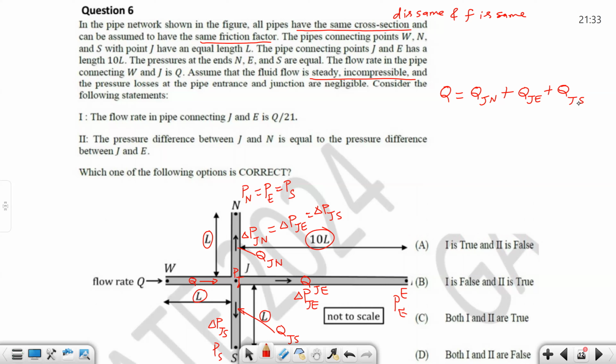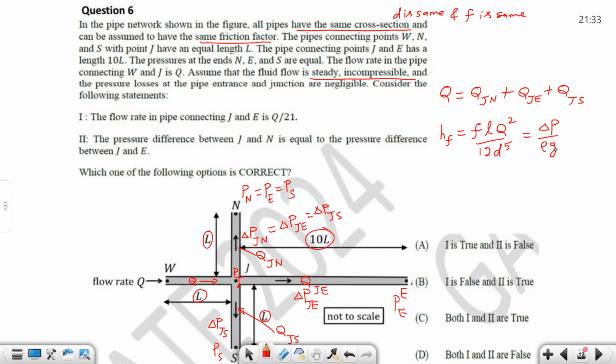So the frictional loss is equal to f L Q squared by 12 D power 5, so hf is equal to delta P by rho g.